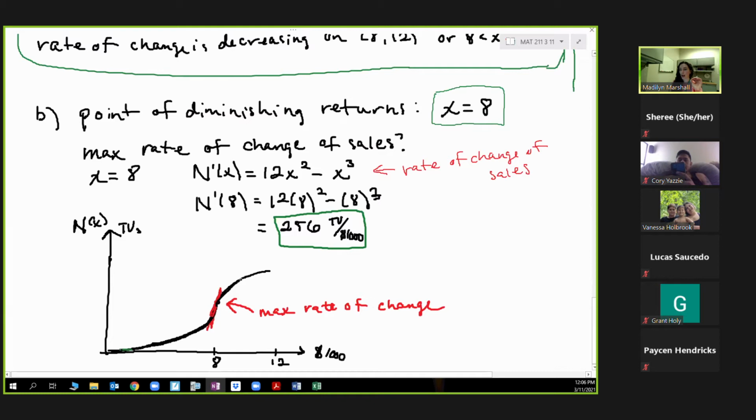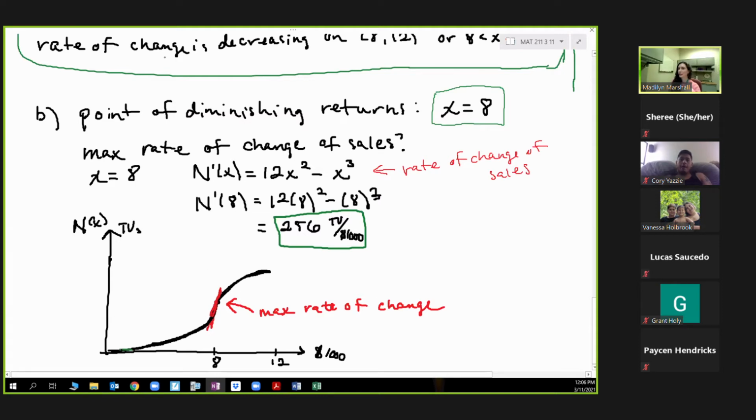As we add more money in advertising, sales are still increasing, but the slope is getting smaller. Past that point, your advertising dollars still increase sales, they're just not as effective. Right, exactly.